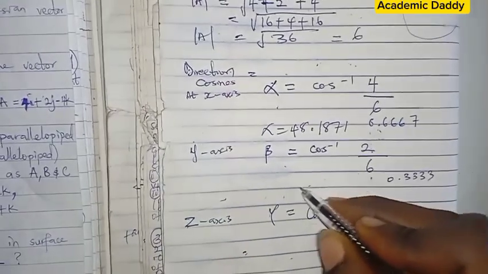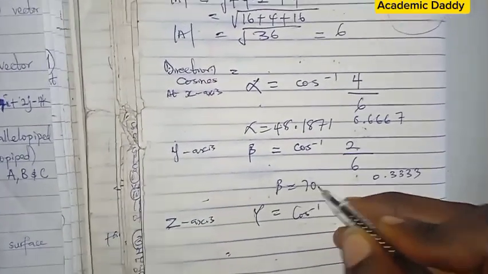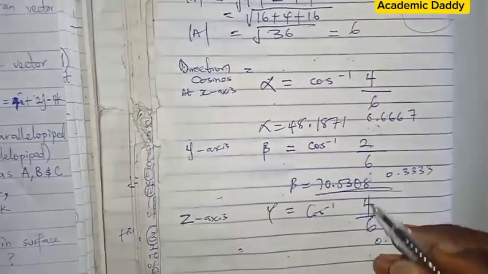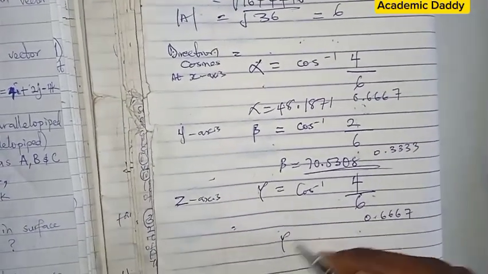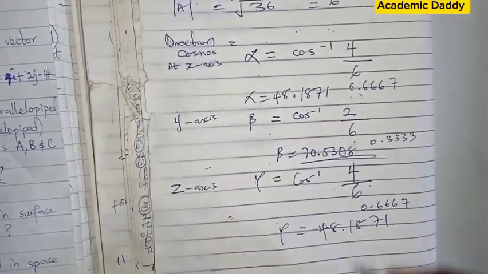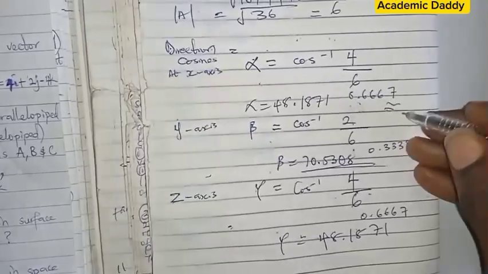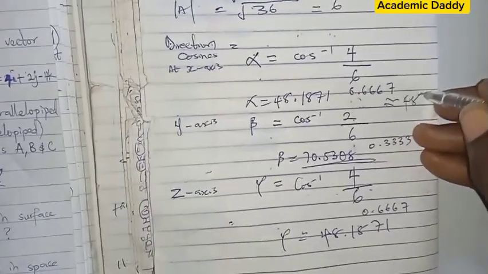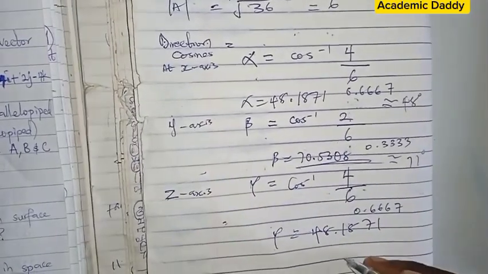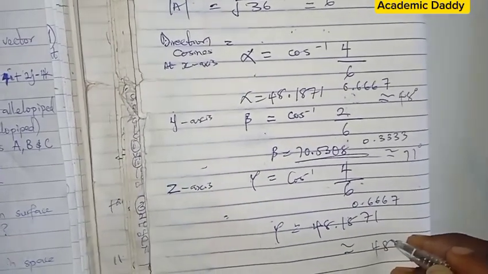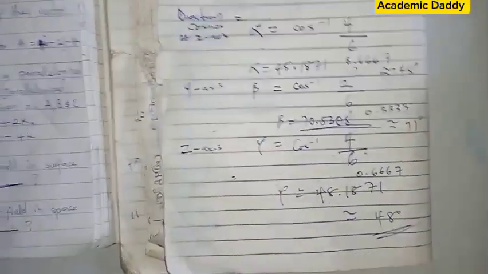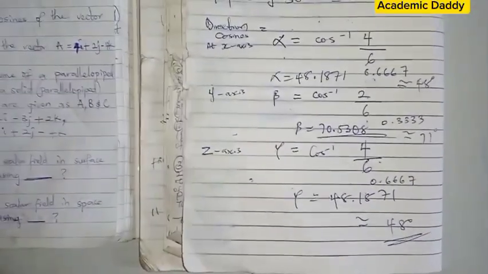So beta equals 70.5308. Gamma is the same as alpha, 48.1871. So this is approximately 48 degrees, this is approximately 71 degrees, and this is approximately 48 degrees. So there you have it. That's how to go about direction cosine.